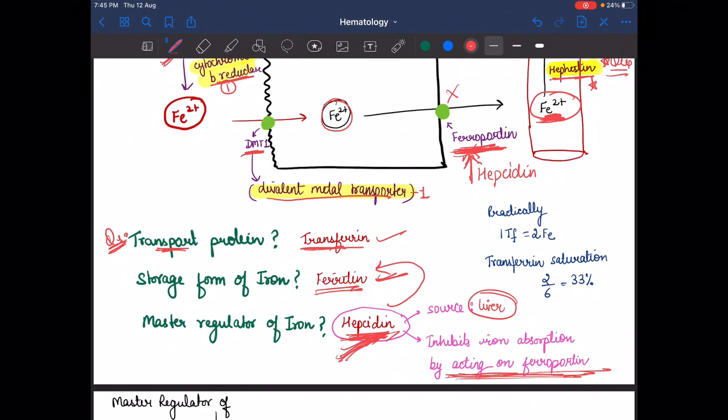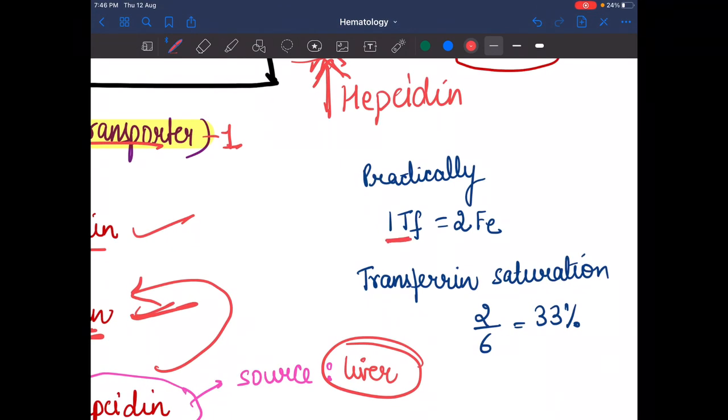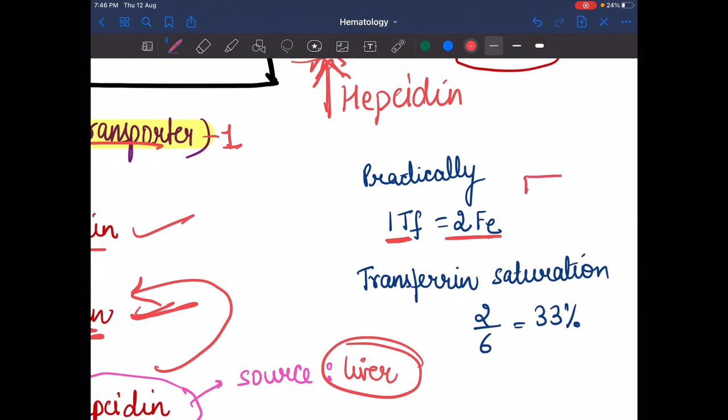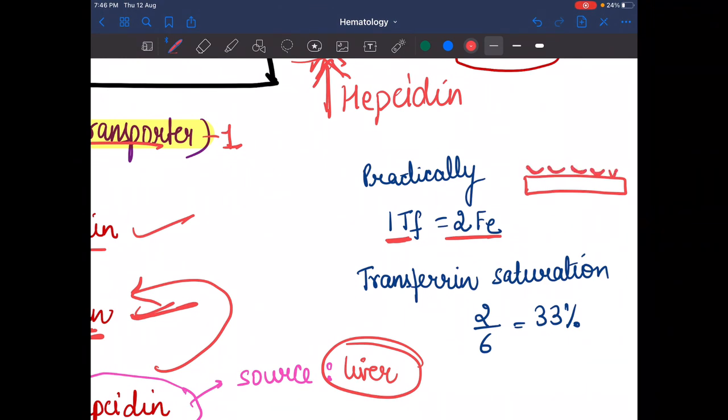So hepcidin is the master regulator of iron. Practically, suppose this is a transferrin. This is a transporter of iron which has 6 binding sites for iron, but practically it only transports 2 iron molecules.